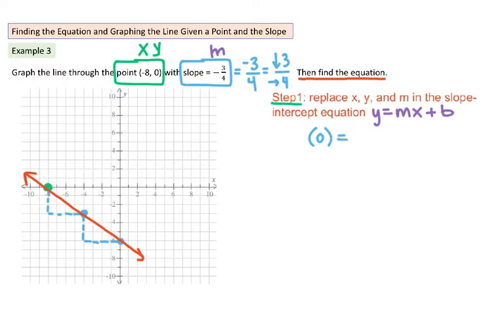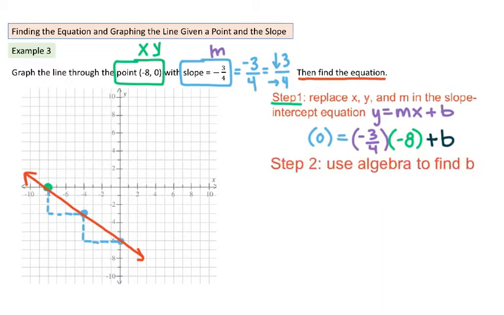The slope is -3/4. The x is -8. And then we still have plus b in the equation, and that's okay. We'll move on to step 2, which says use algebra to find b.